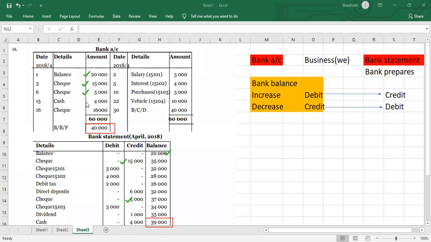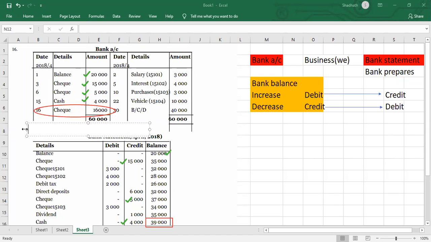There is a 4,000 cash. It is there in the credit side. No problem. But this check of 16,000 is missing in the bank statement. The check of 16,000 is missing in the bank statement. This 16,000 is known as an unrealized check. Note it down, everyone.